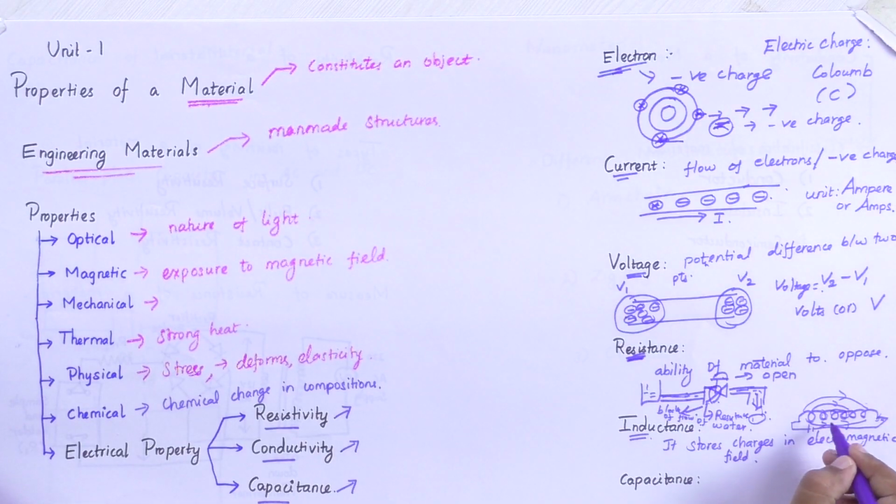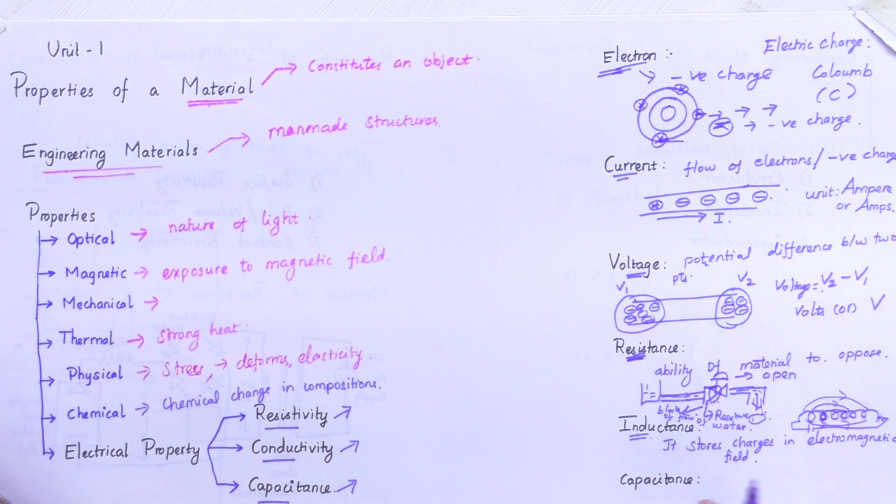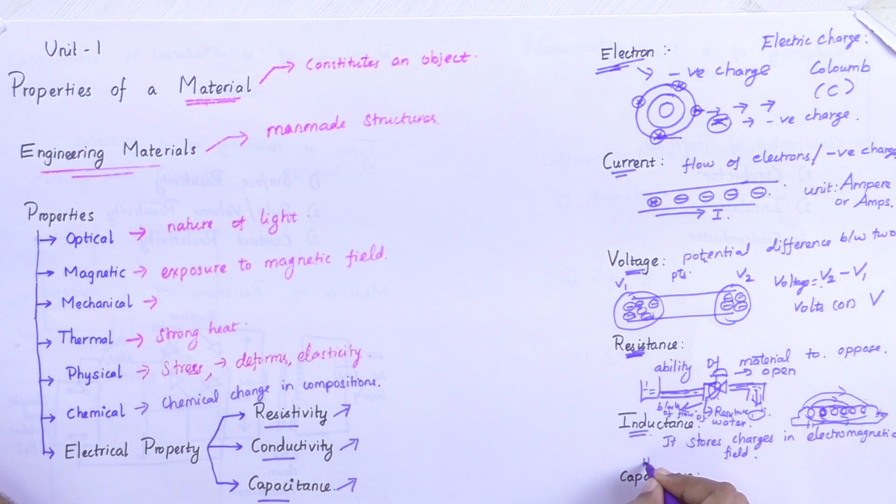When this happens, an EMF, some opposing voltage, will be produced inside the coil. So that coil is the means of storage of charge. That is, the inductor stores the charge in the form of an electromagnetic field. Its unit is Henry.